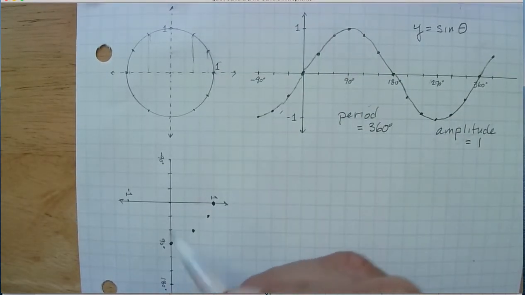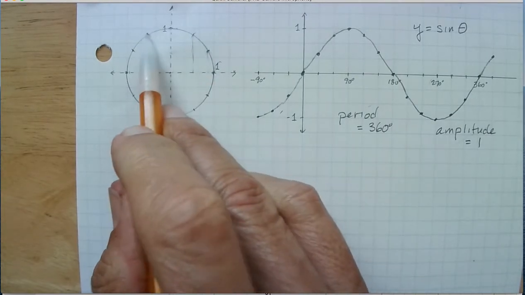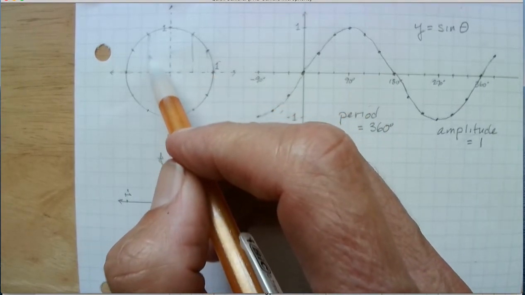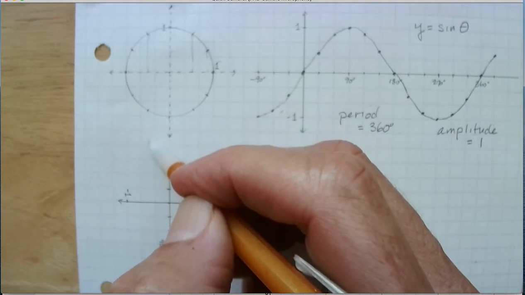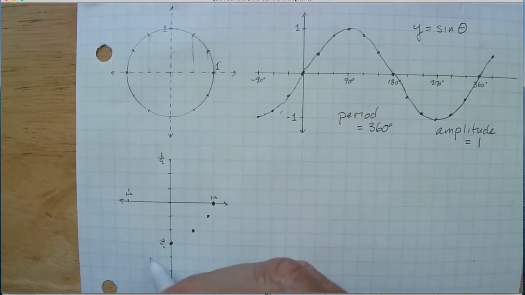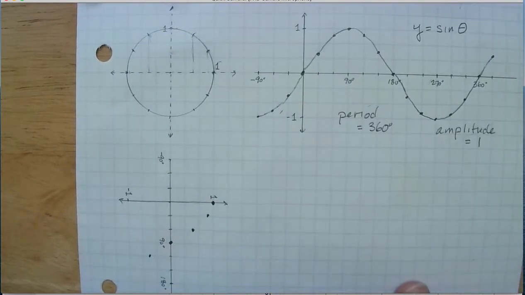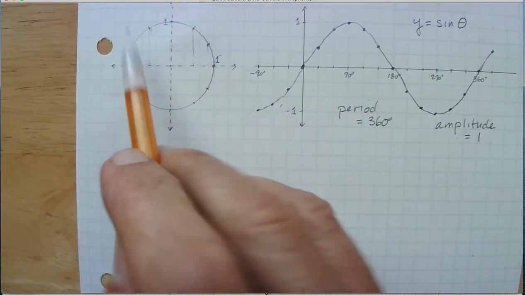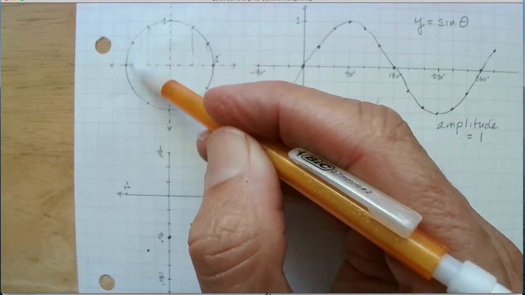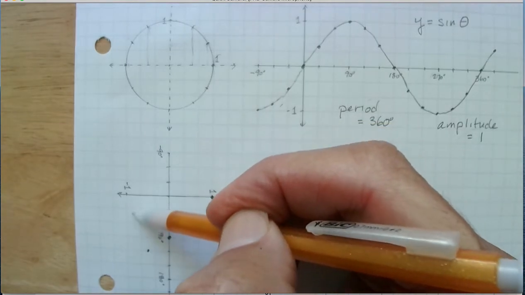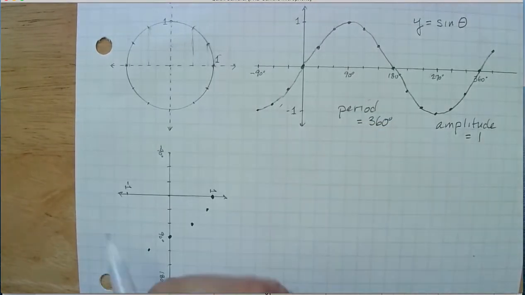And continuing on, 120, my horizontal displacement. If I transfer that down, right about here. At 150, let's transfer that one down, right about there.